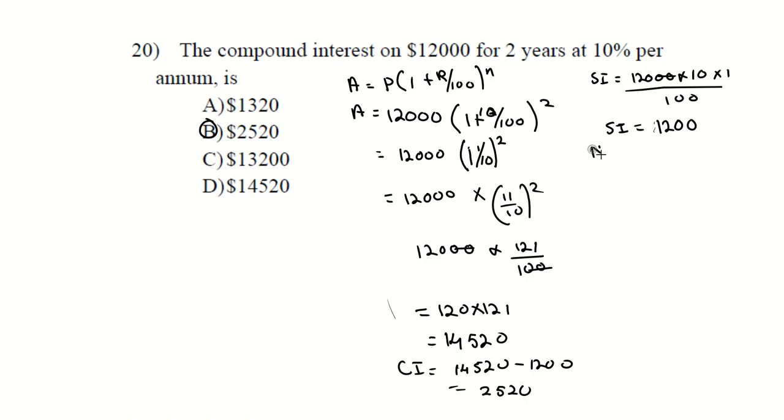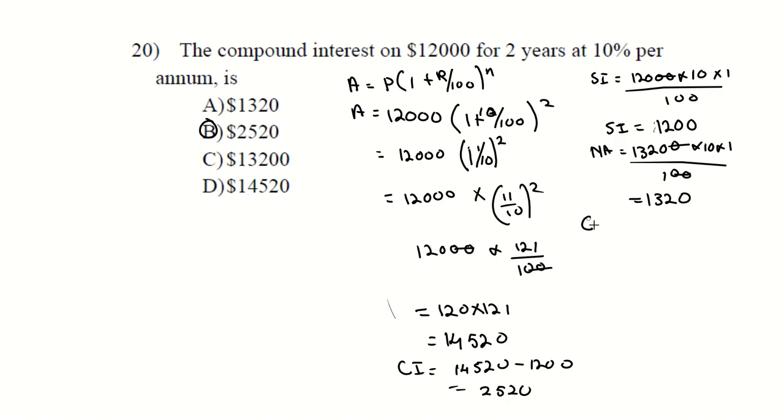So your new amount is now going to be 12,000 plus 1,200, which is 13,200, multiplied by 10 multiplied by 1 year. This is after the second year, over 100. Cross this off. You'll get 1320.